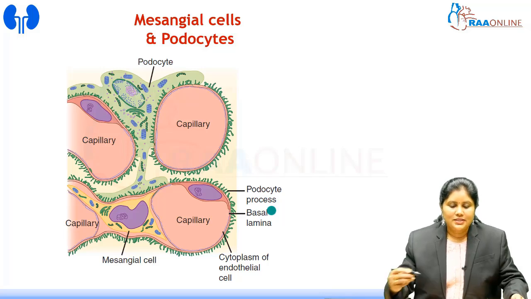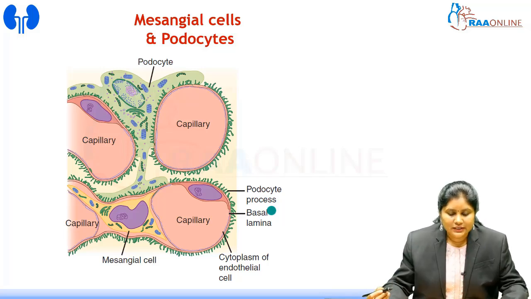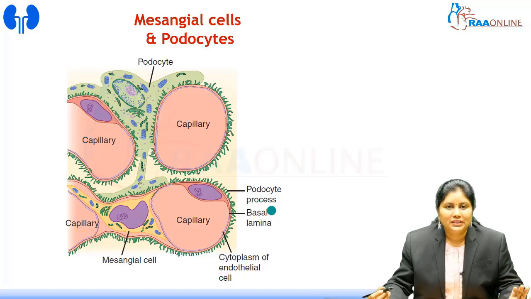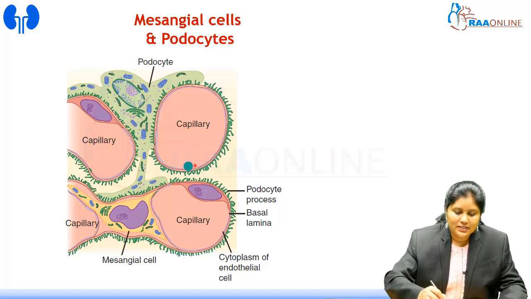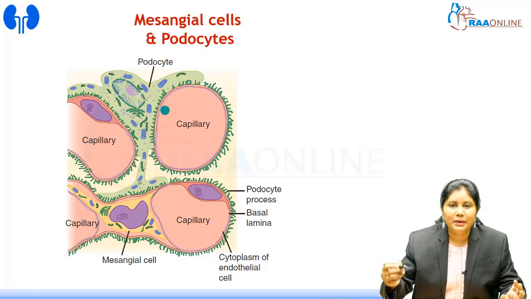Yes, this picture is in fact an enlarged picture of the glomerular capillaries and the associated cells. Okay. So, here you can see this is a capillary. Can you see the green color cell here? This is the podocyte. This podocyte is wrapping around the capillary.